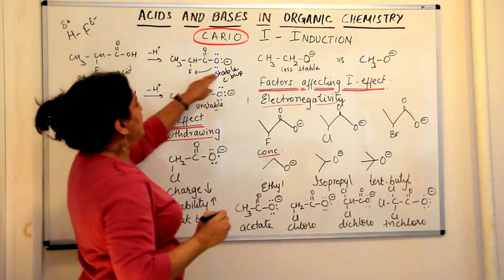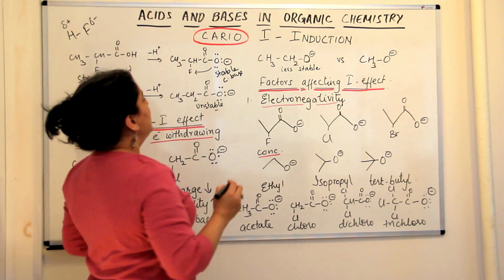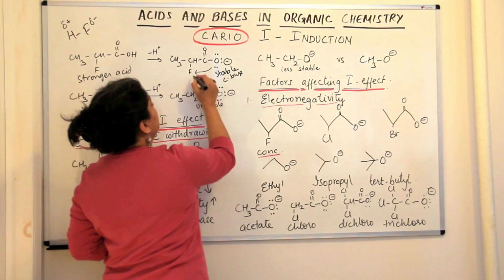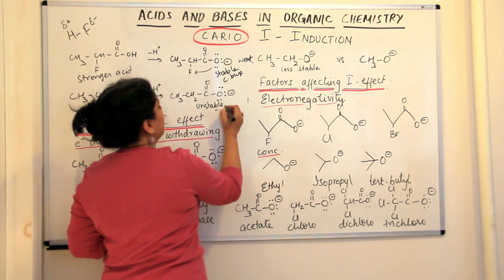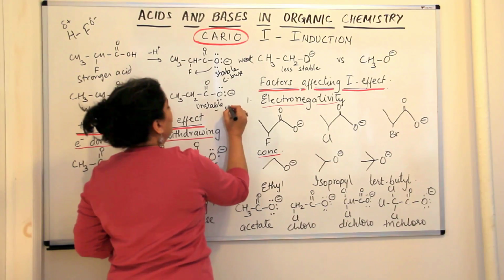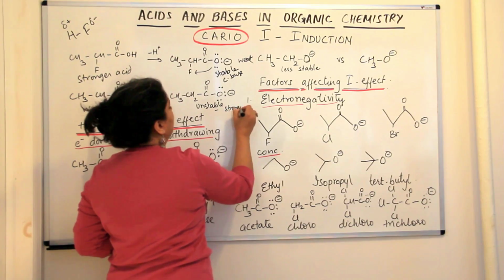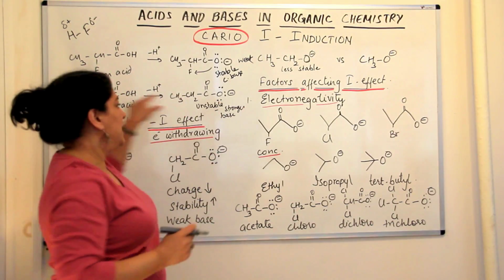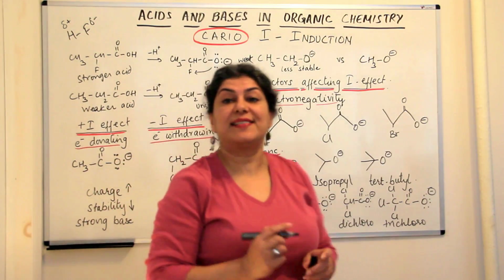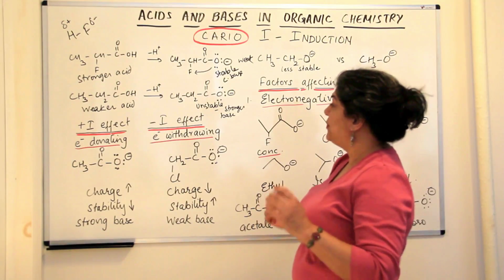When we say it is a stable conjugate base, it means it is stable and it is weak. And when we say it is unstable, it's a stronger base. And a stronger conjugate base comes from a weaker acid. This we've already done in the previous videos.